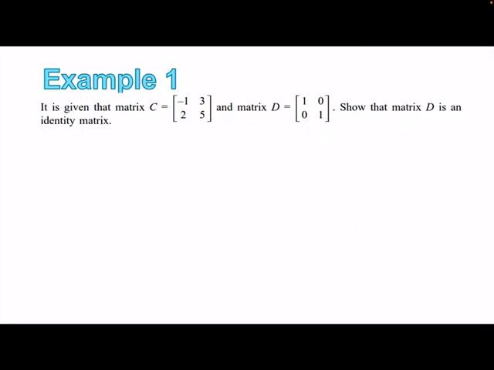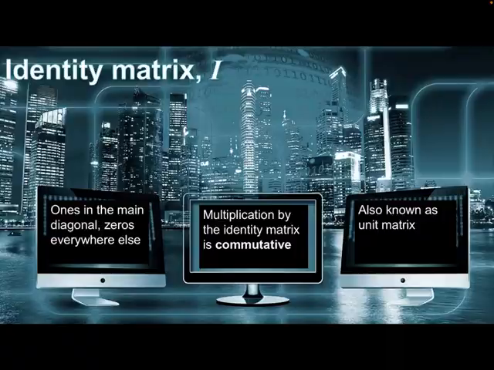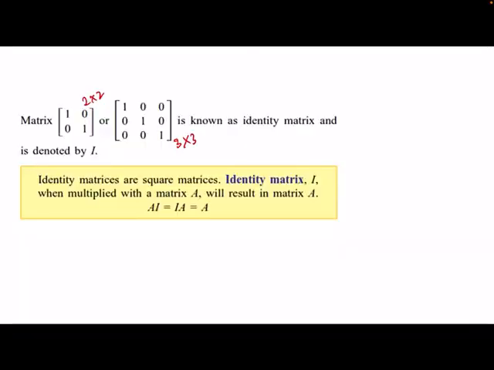Example 1. It is given that matrix C and matrix D are as shown. Show that matrix D is an identity matrix. How do we show that matrix D is an identity matrix? We need to use the definition here, AI equals IA equals A. If this equation is true, then I is the identity matrix.